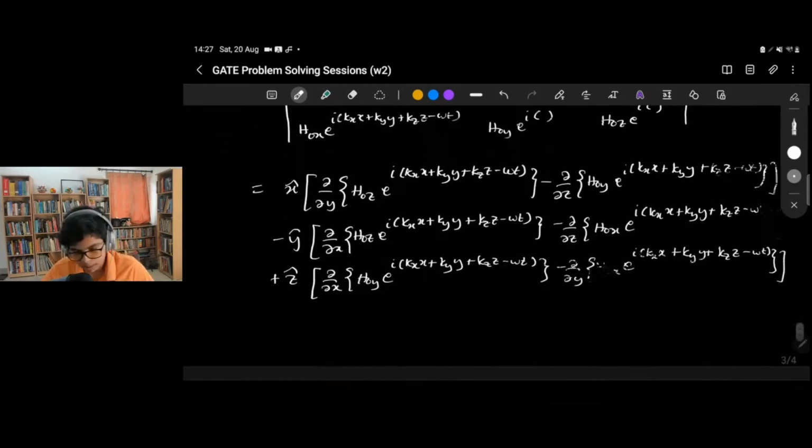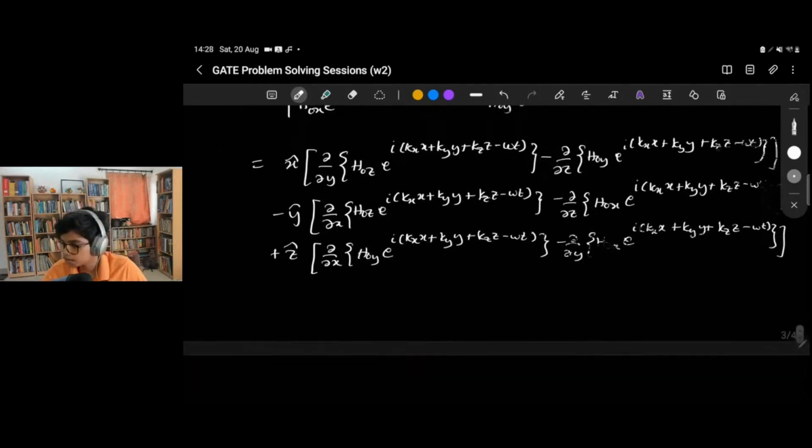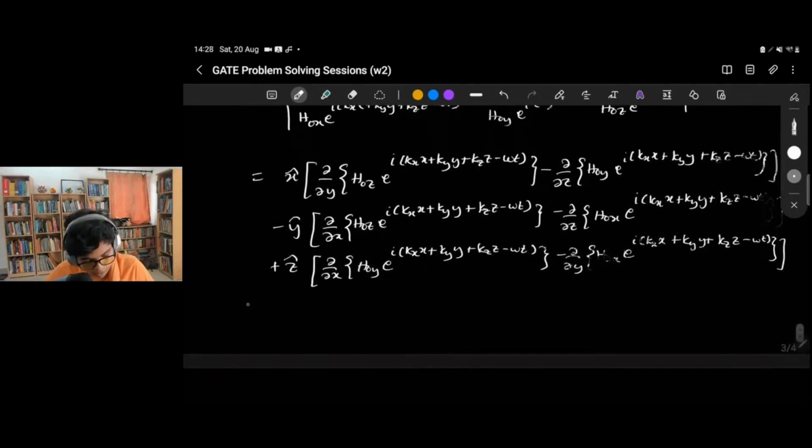And similarly, you can just get these derivatives. These are pretty simple, just like we have seen. So you would have i ky coming out from here, i kz coming out from here. So I would just quickly write it down.